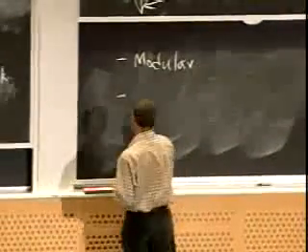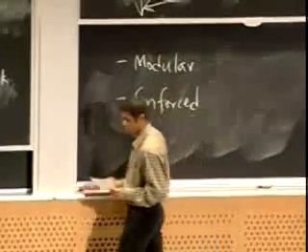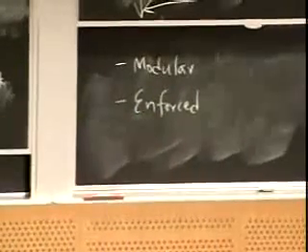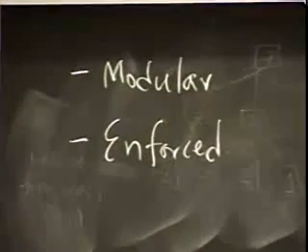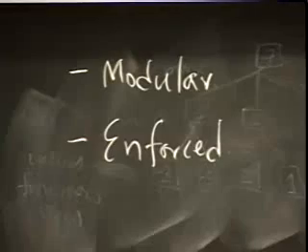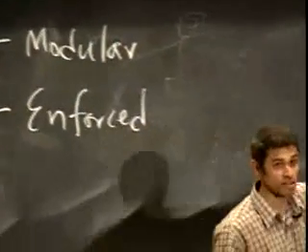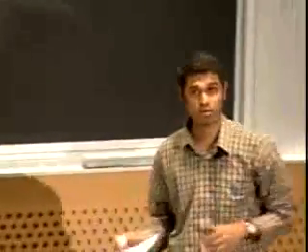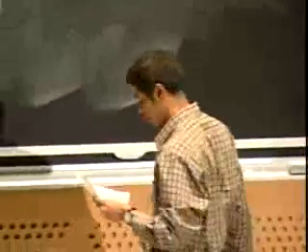This modularity is enforced. What that means is not only is it a modular organization, it's one where errors, for example where one module fails or crashes, do not bring the other one crashing down. So the modularity is more enforced than when they were both running on the same computer using the procedure interface.